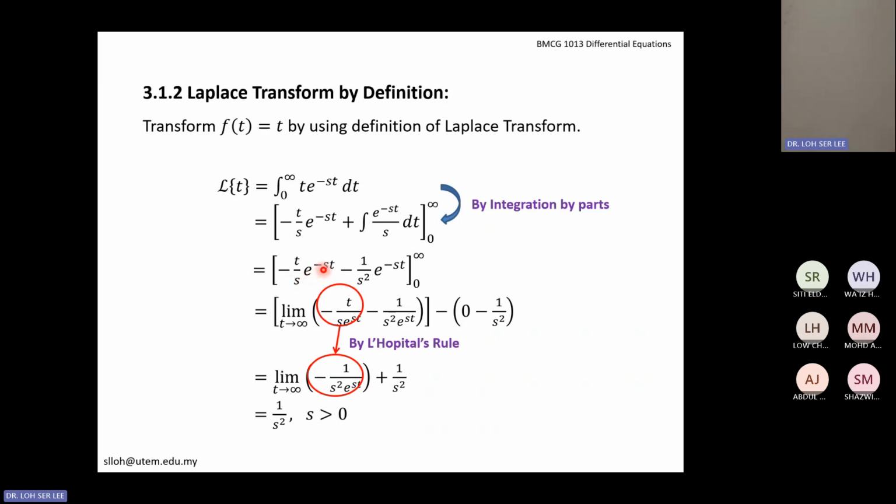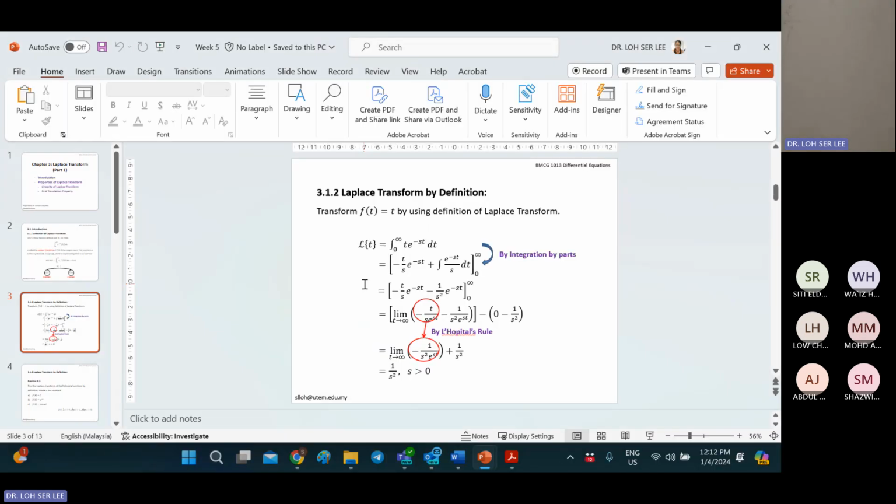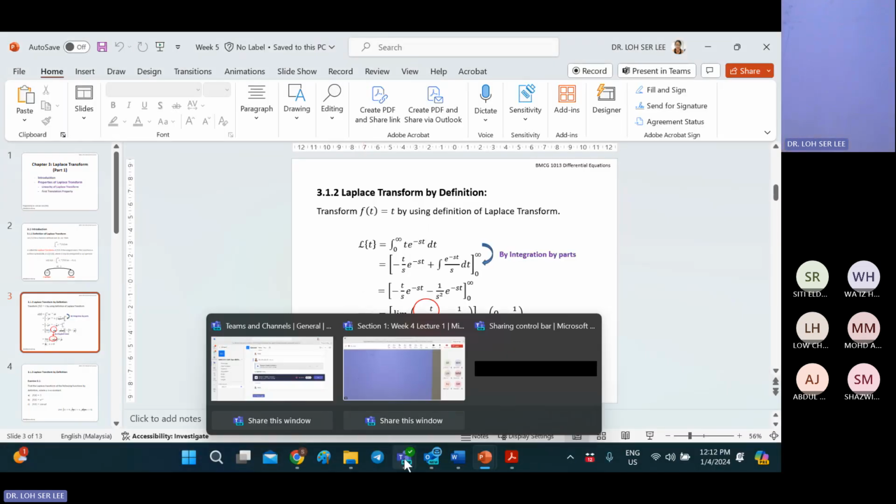So when you substitute infinity into t, you get infinity over infinity. That's why we have to use L'Hopital's rule. But there's no issue for the second term, because e negative st means 1 over e^(st), which is 1 over infinity. This one I write on the whiteboard.